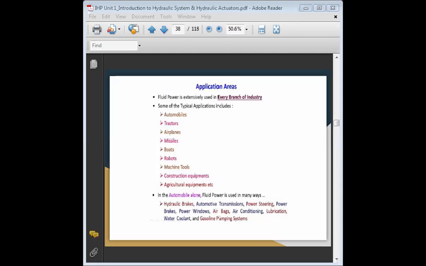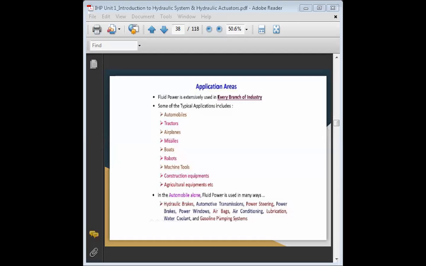Let us discuss some of the application areas where fluid power is required. As we know, fluid power is extensively used in every branch of industry.